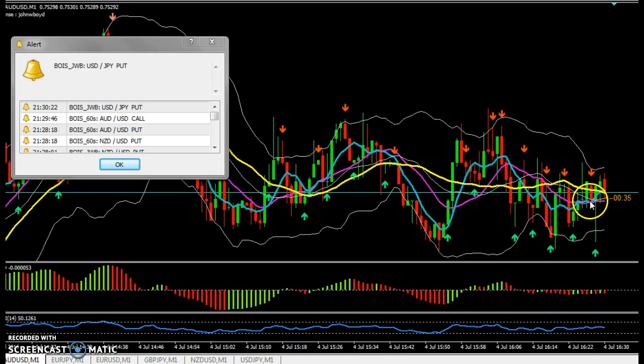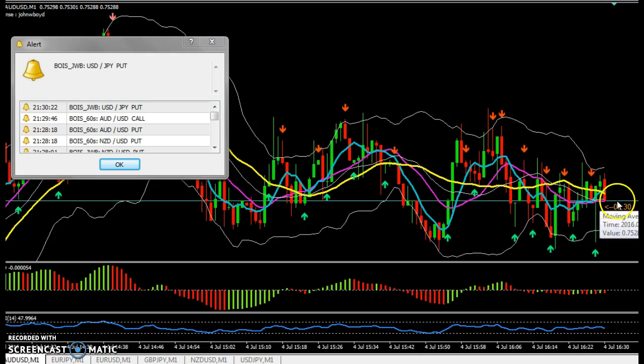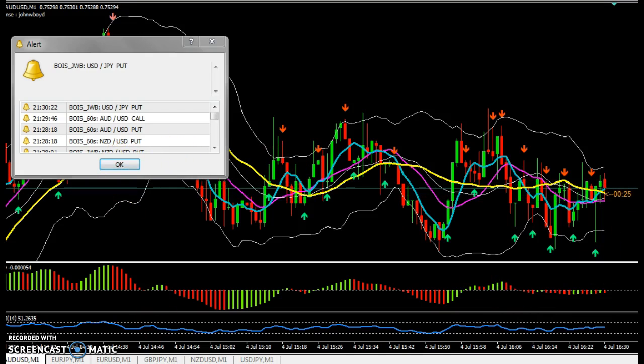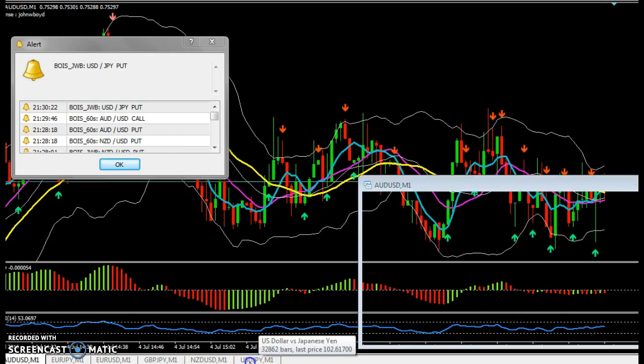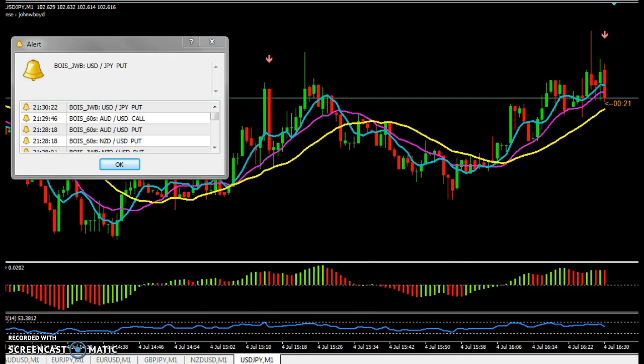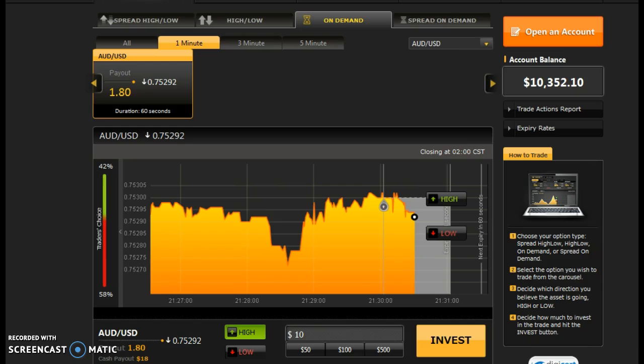The lines are very close together here. Trend line and these two lines, so it's a bit sketchy trading right now. Alright, USD JPY put. Lines are also very close together.